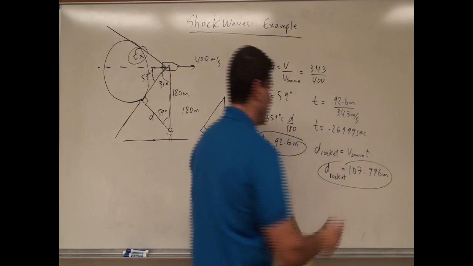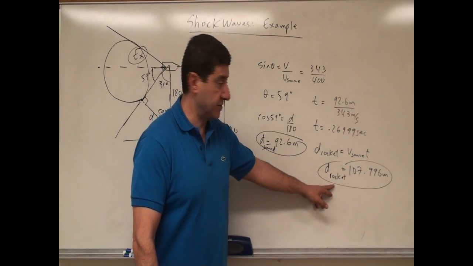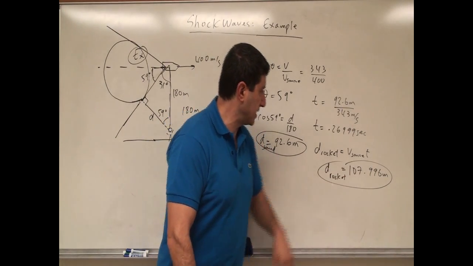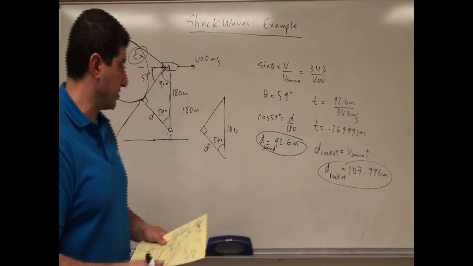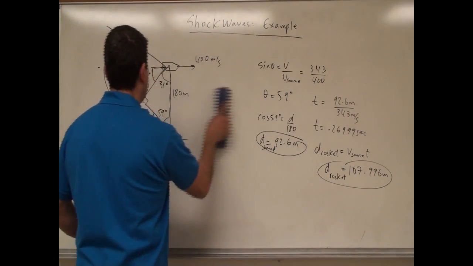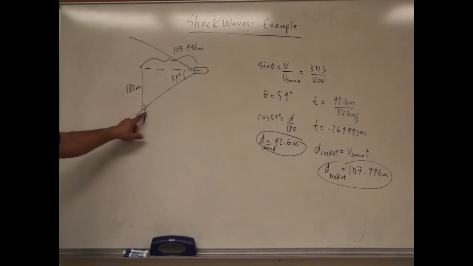So it's pretty obvious that the rocket should travel faster because it is going farther, right? So it's got 107.996, and then the sound wave will have traveled 92.6 meters, right? So at the end, the picture will look something like this. So when this cone finally reaches him, he will hear the shock wave, right?